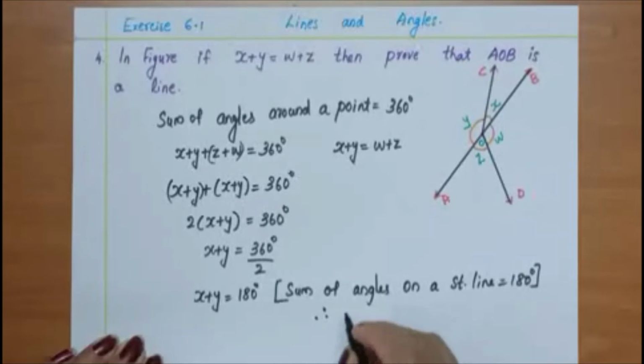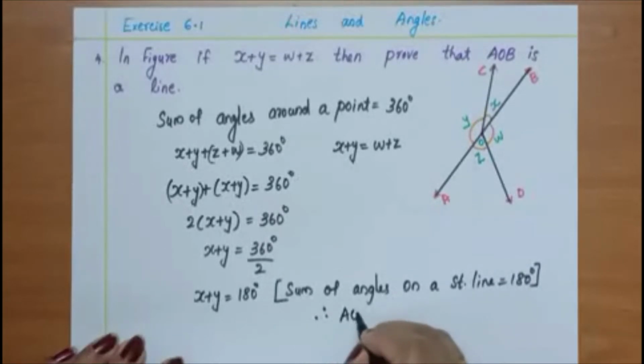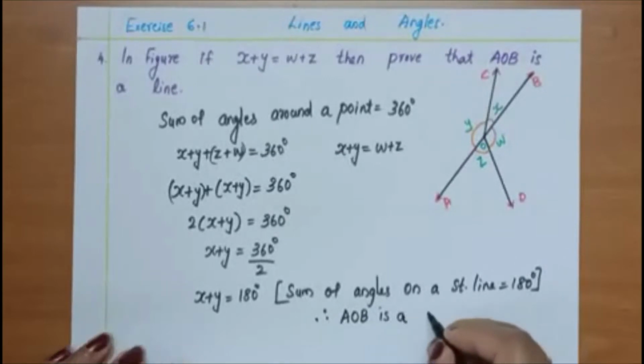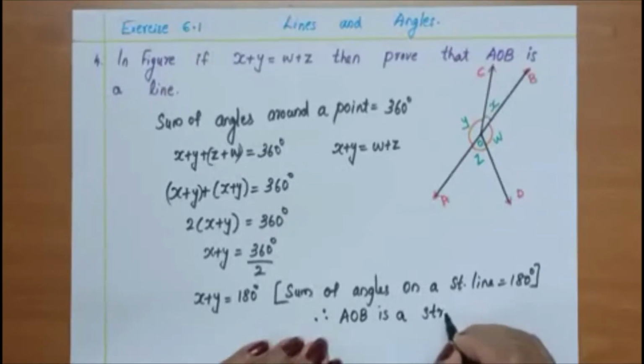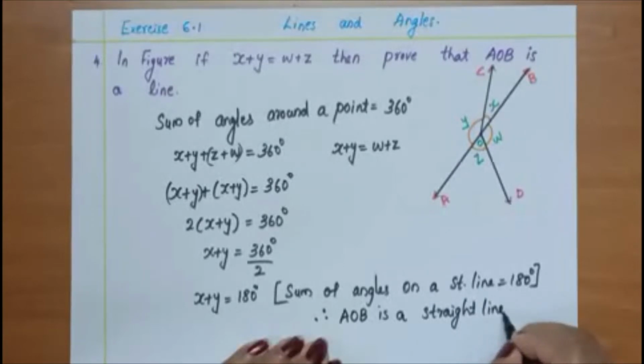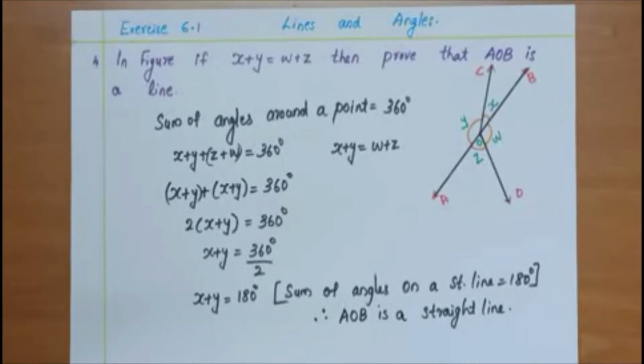Therefore, AOB is a straight line. Only if AOB is a straight line do we get x plus y equal to 180 degrees.